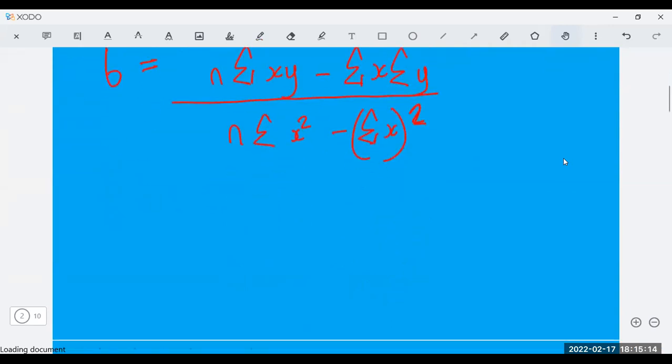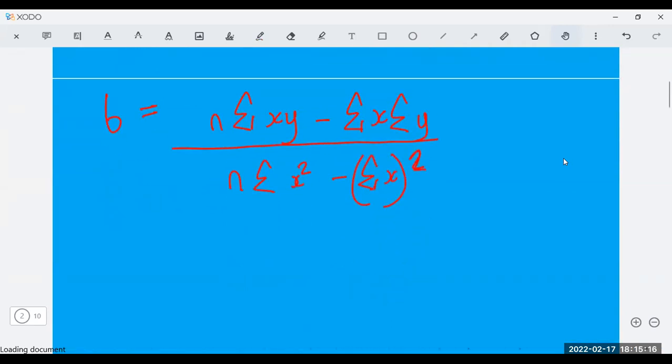Then there's one more formula. Yes and no, it's a lot of formulas, Jamie. There's one more. We're finding the y-intercept now. So the y-intercept A, we're going to find it by this formula. It is the sum of y minus b times the sum of x, divided by n.